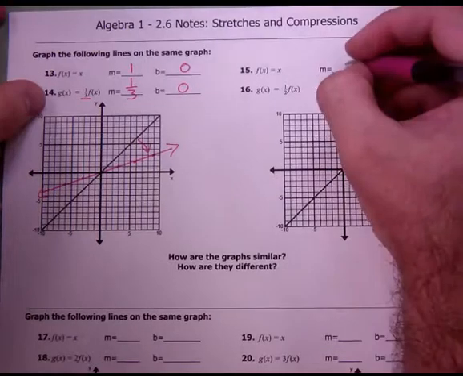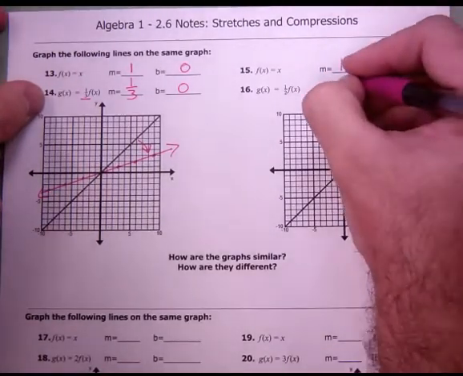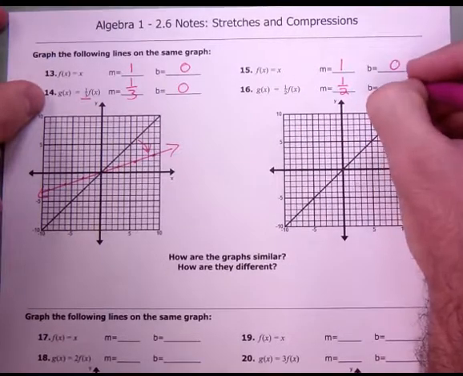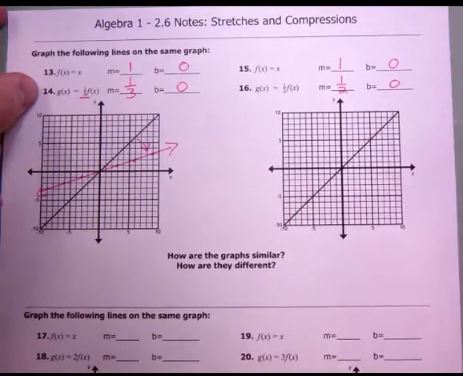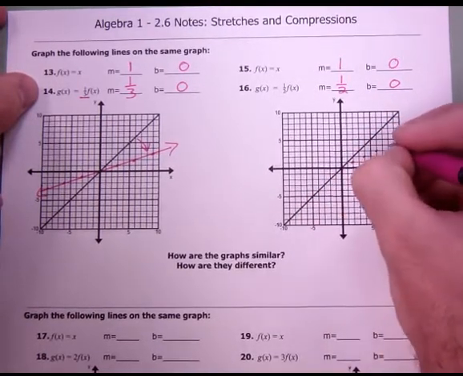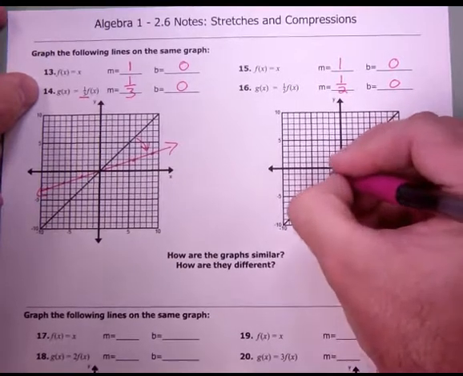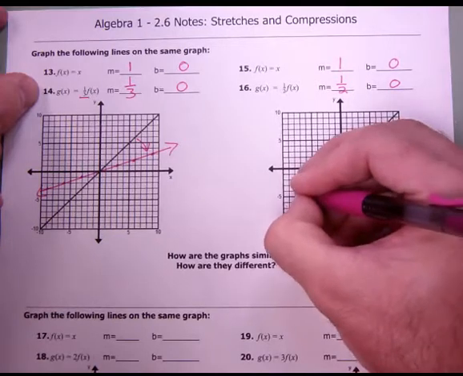Right. We have 1/2, so we have our parent function 1, 0. Our new slope is 1/2. Our new y-intercept is still 0. We start at 0, 0, over 2, up 1, over 2, up 1, over 2, up 1, all the way over. We'll go down in the opposite direction, down 1, over 2, down 1, over 2, down 1, over 2.